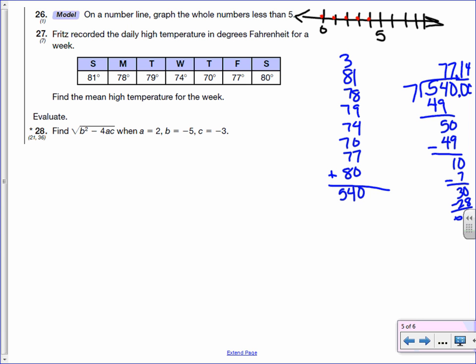I want to check my math on the addition here. Yep. So we're going to call it 77 as our mean temperature.